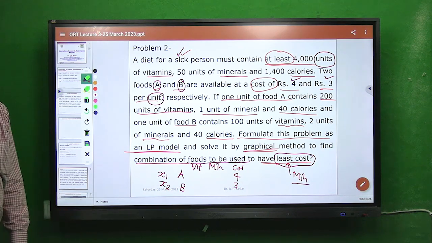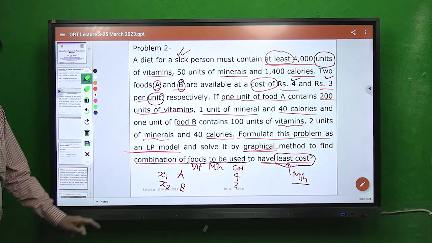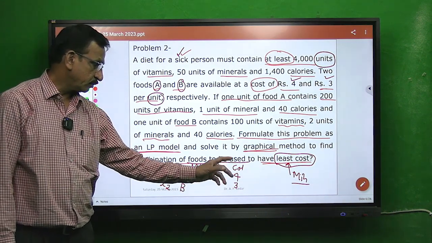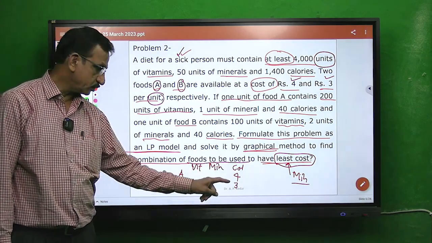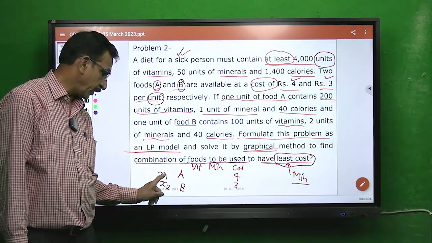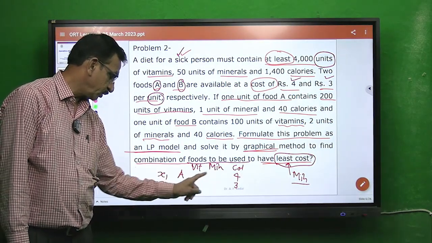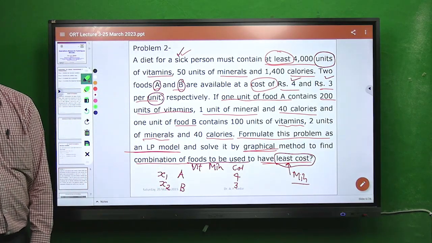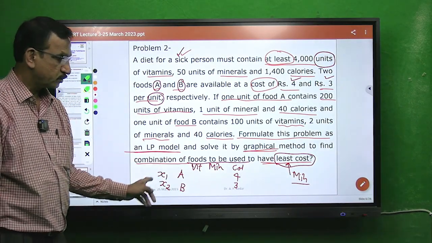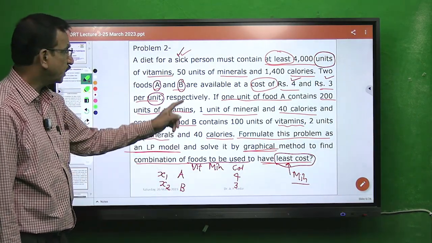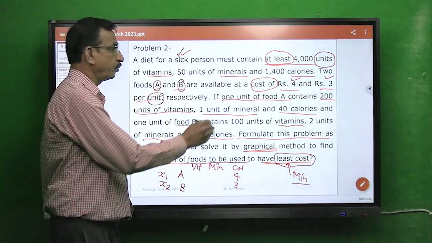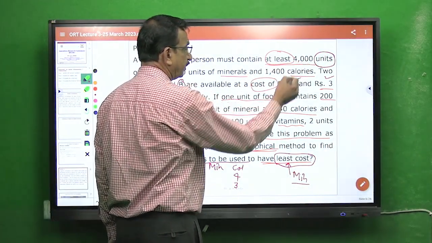It will be minimize total cost Z equals 4x1 plus 3x2.